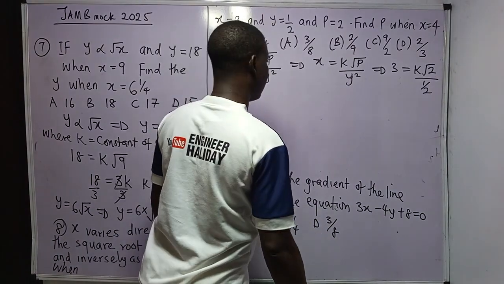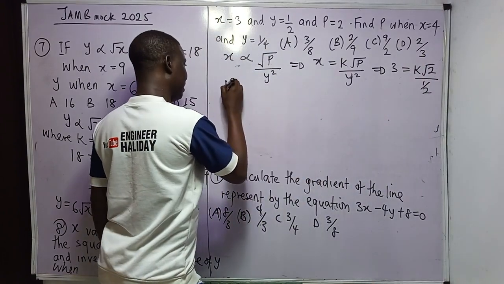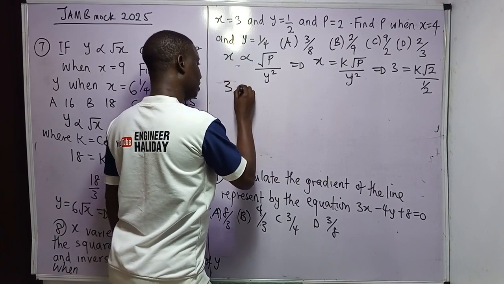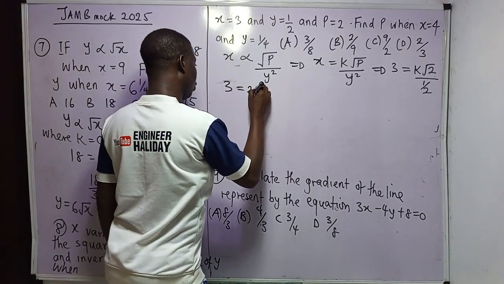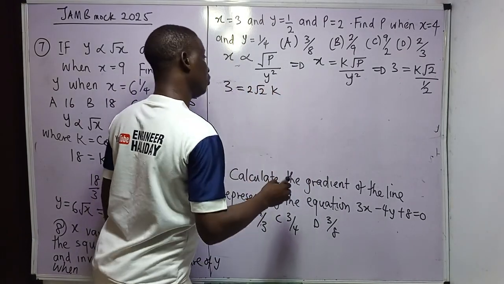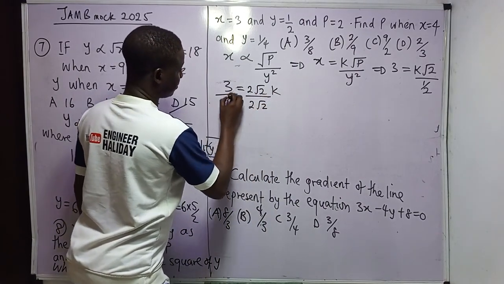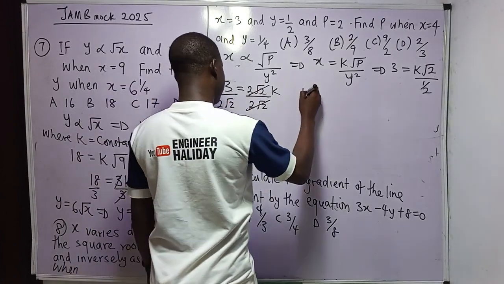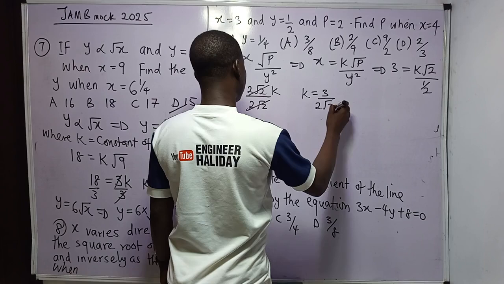So I want to have 3 equals, this 2 will go up as 2 root 2 k. So divide both sides by 2 root 2. This one cancels this. So I would have k equals 3 over 2 root 2.